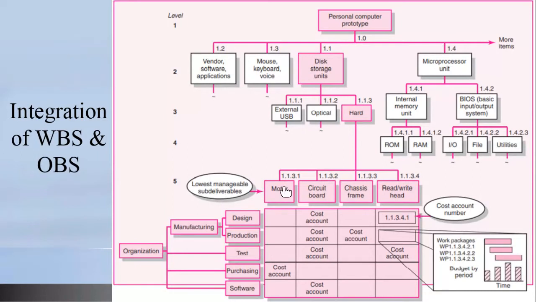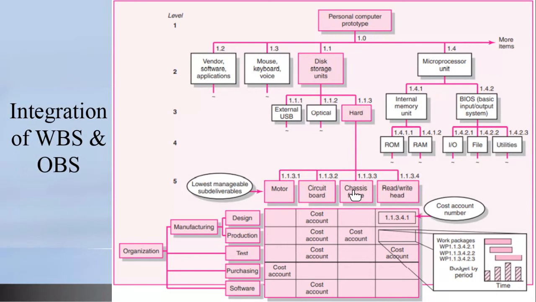And we got to a level 5. So here is where we have our work packages. So for the work packages, right, motor was 1.1.3.1 all the way through to read-write head, which was 1.1.3.4. For microprocessor unit, we did something similar and we broke them down.